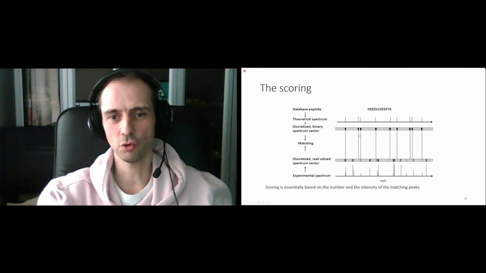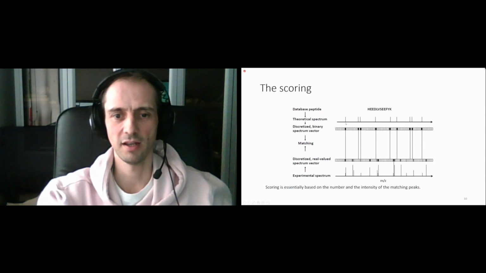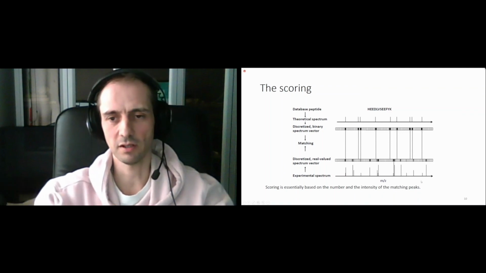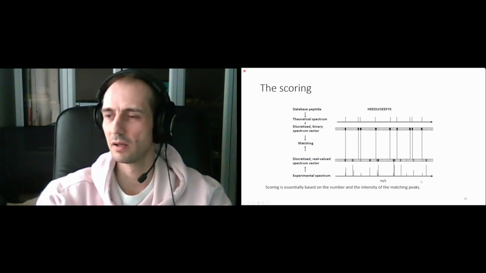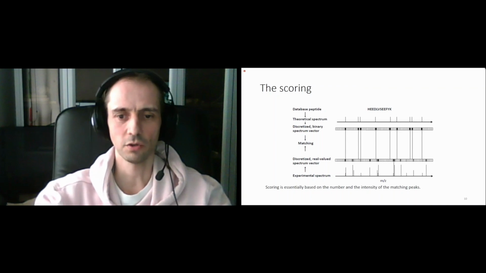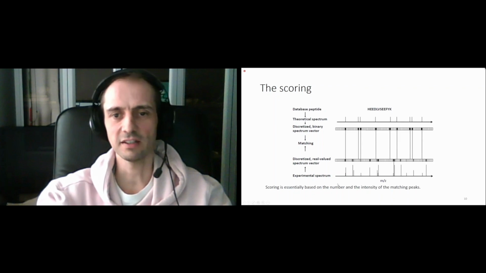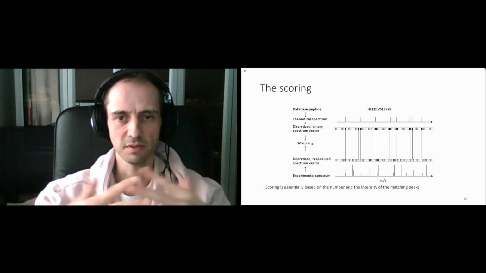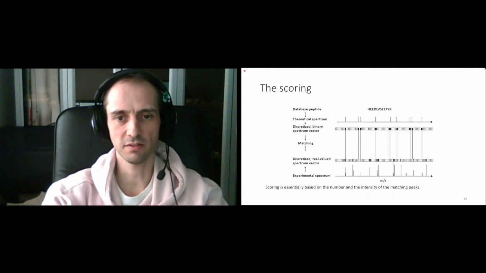So here 2 peaks, this one and this one, are matching. The other peaks are off by some distance. Okay, so this is basically the core of the calculation of the matching of the experimental and the theoretical spectrum.